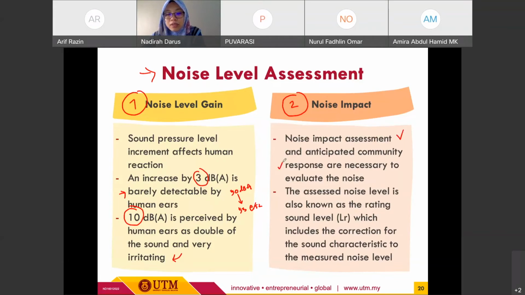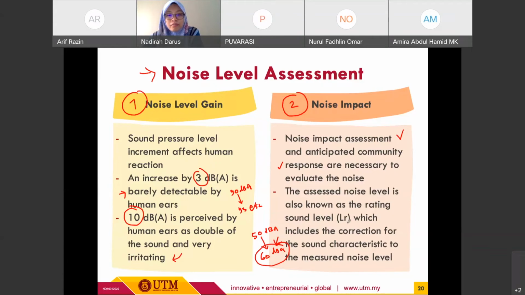Okay, for example, kalau tadi daripada 50 decibel A, this is just an example, dia maksudnya existing level, and suddenly there is a significant increment to 60 decibel or more. So this one will be a significant change of the sound. So kita can further assess or evaluate in terms of the impacts and also response by the community.